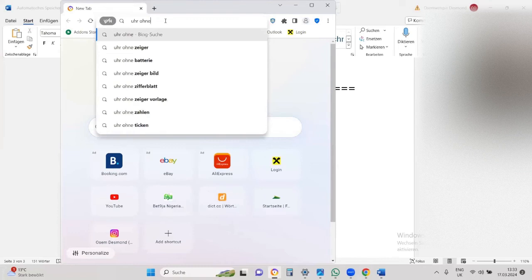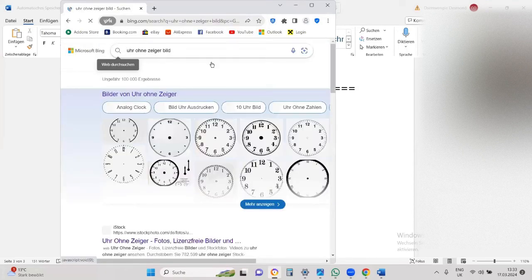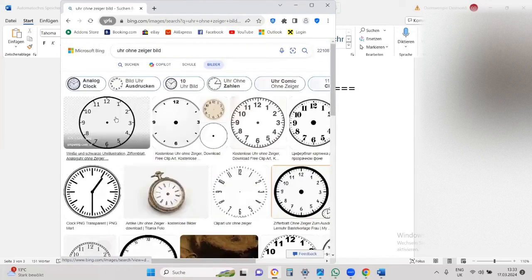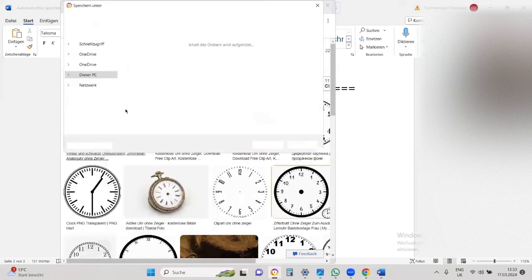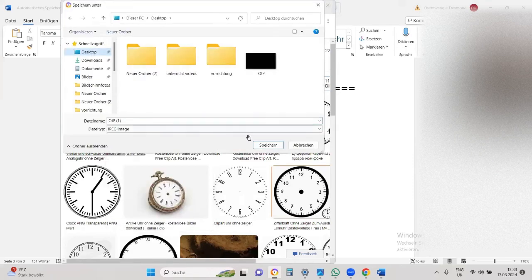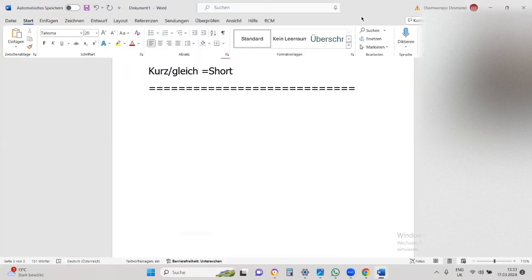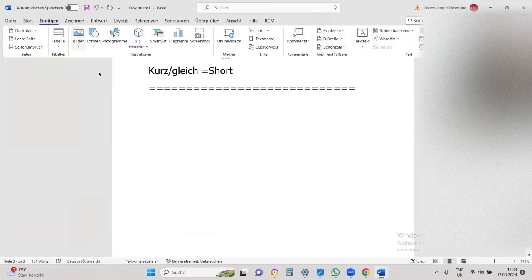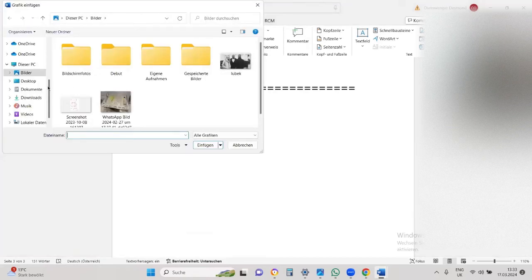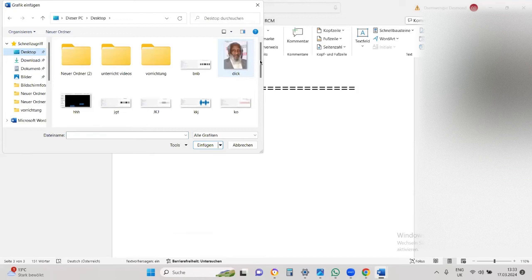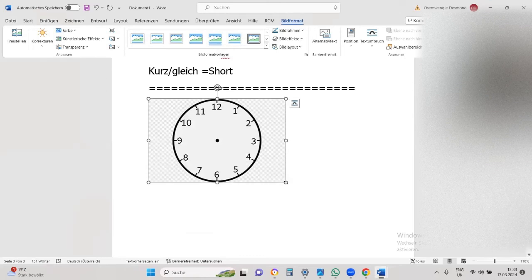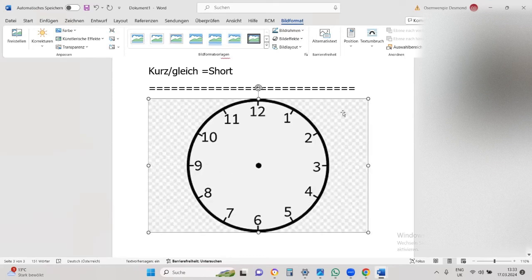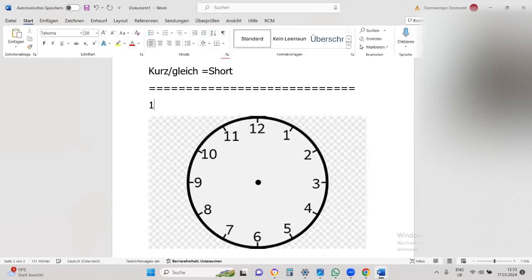We want to start with the use of Uhr. First, how to use Uhr.